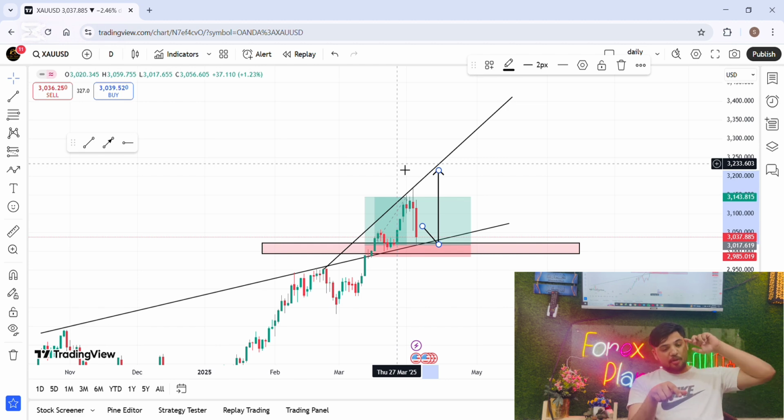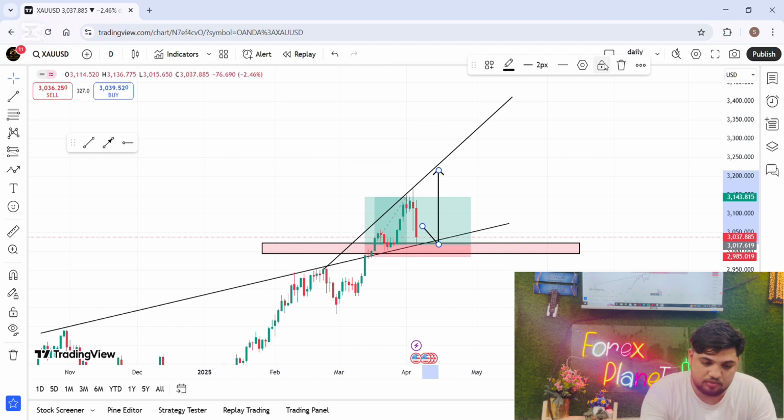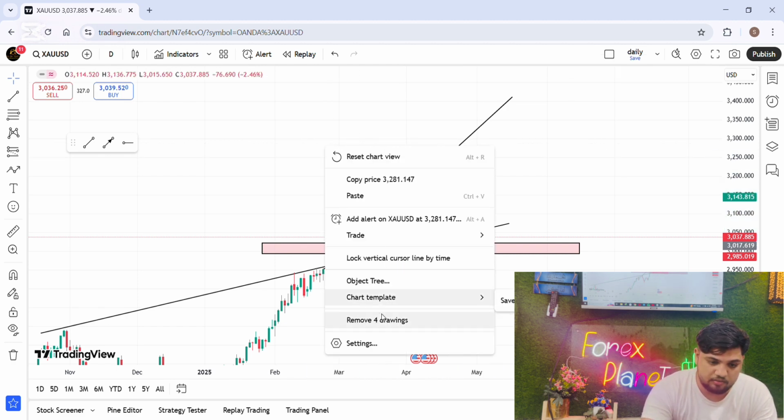If I forget the previous one, the support and resistance one, and follow only this setup, trend line pattern, triangle pattern, then this setup is also valid. I am not switching the strategies, I am just guiding you. Okay, so one more structure we have right now, so let's remove this.